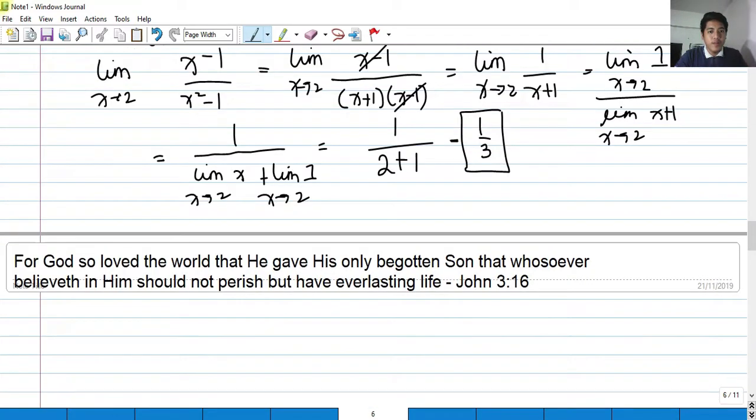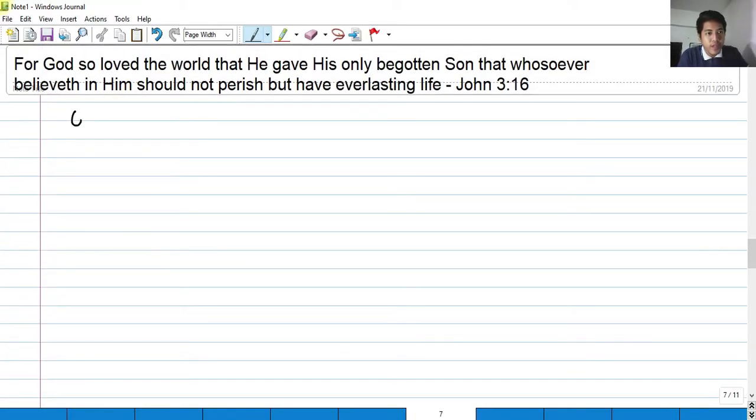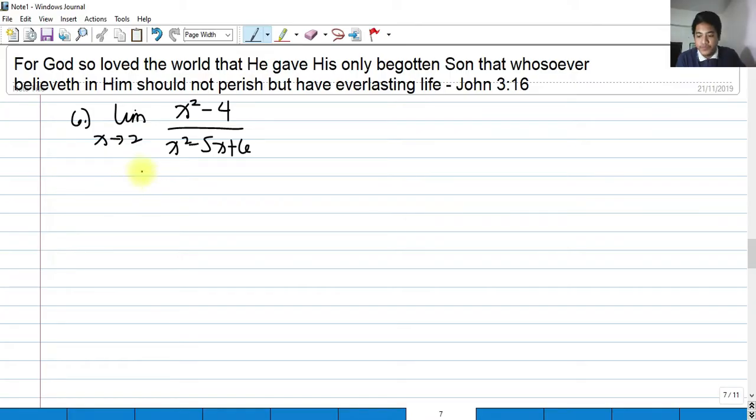So for our next problem, number 6, we can solve the limit of x squared minus 4 over x squared minus 5x plus 6 as x approaches positive 2. Since this is a quotient, we are avoiding the denominator getting 0.